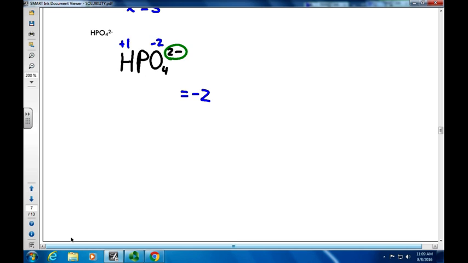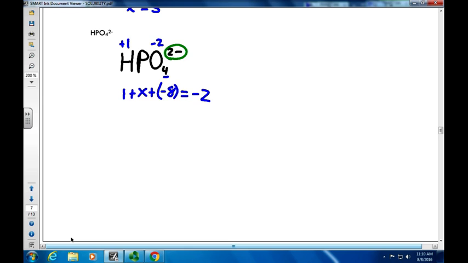So we have 1 for the hydrogen plus some unknown value, let's call it x, plus 4 times -2, because there are 4 oxygens, so plus -8. You have 4 oxygens here. Each one has a -2 oxidation state. 4 times -2 is -8.